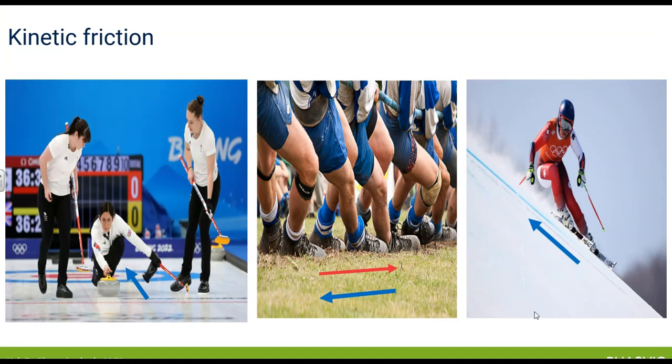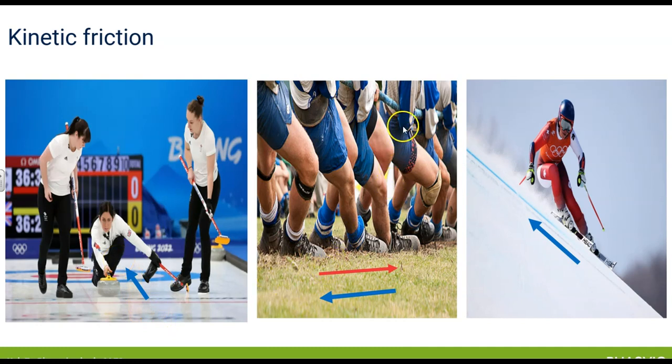Conversely then, if we have two objects that slide over each other or move over each other, this is called kinetic friction. So for example, this stone in curling is sliding over the ice and there is a very small, negligible amount of friction opposing that sliding movement.